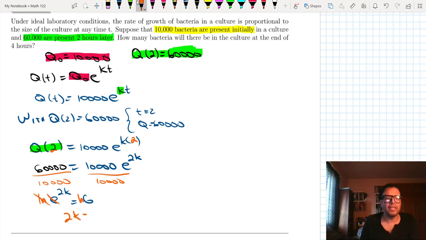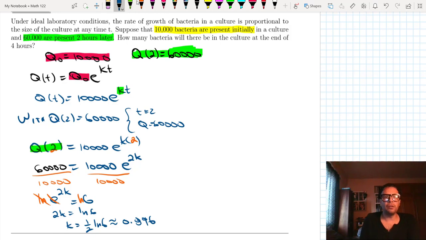And 2k equals ln of 6, giving us k equals 1/2 ln of 6. We're going to use a calculator here, and let this be 0.896. Okay, so that's k.